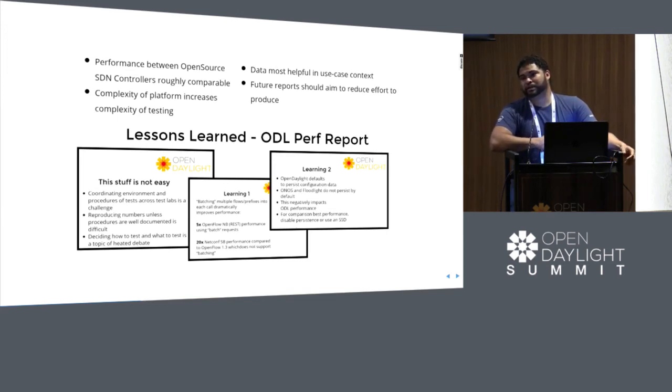OpenDaylight can persist that data and store it on disk, while a lot of other controllers, by default, keep it in memory. We can turn that on and off, and we were getting quite bad numbers until we turned off data persistence in the config data store. So configuration can have a huge impact on the numbers you get, depending on what you're doing.